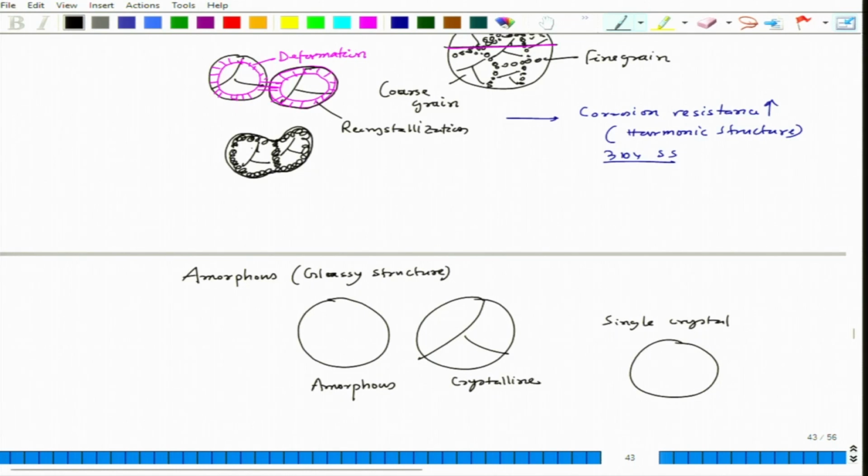So all those atoms are regularly arranged in a particular matrix, but there are no grain boundaries. So it will also show a very good corrosion resistance. But single crystal has its own application field.